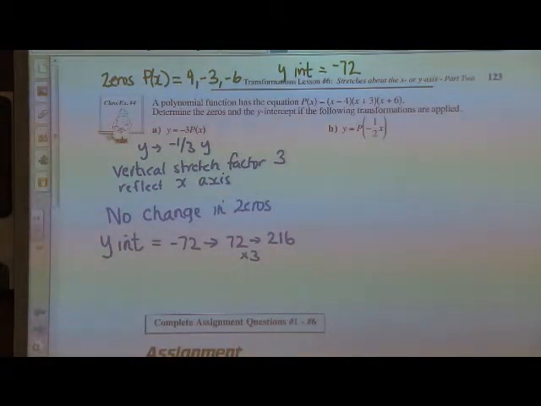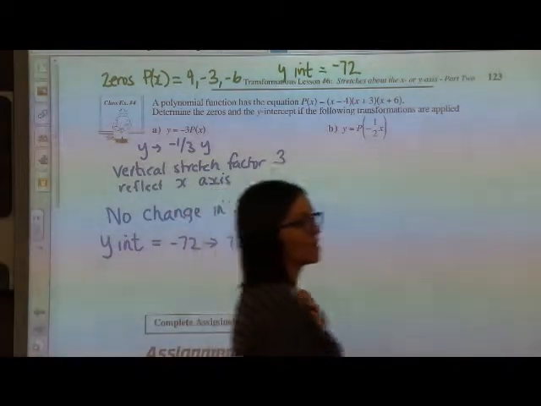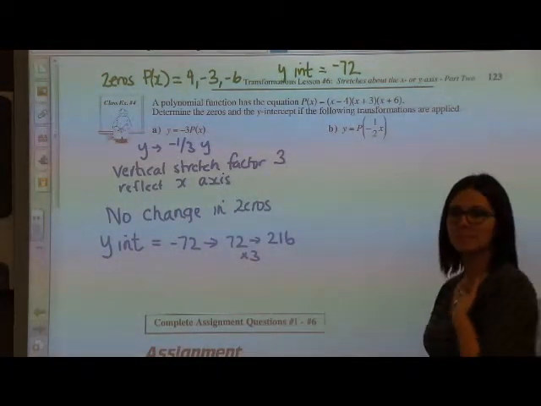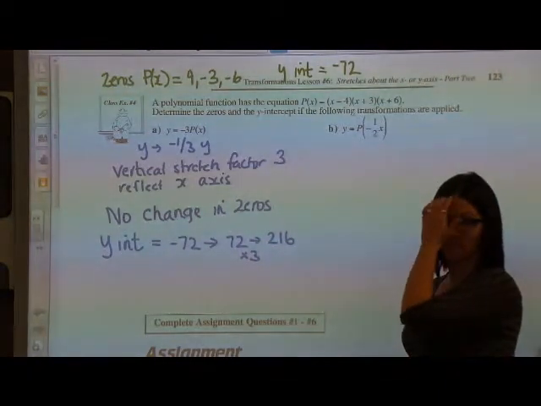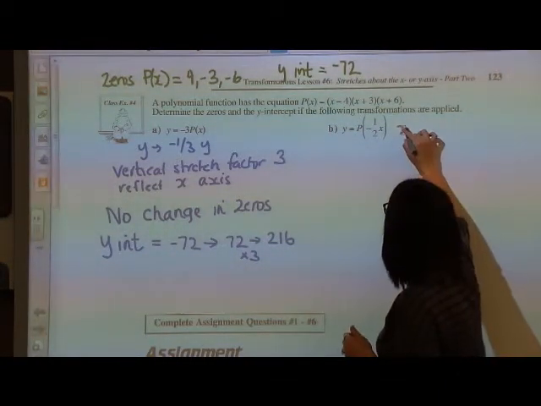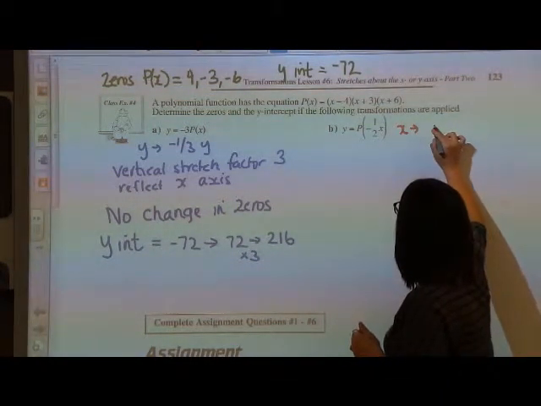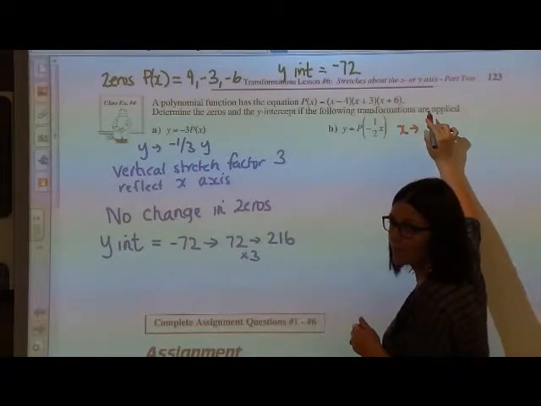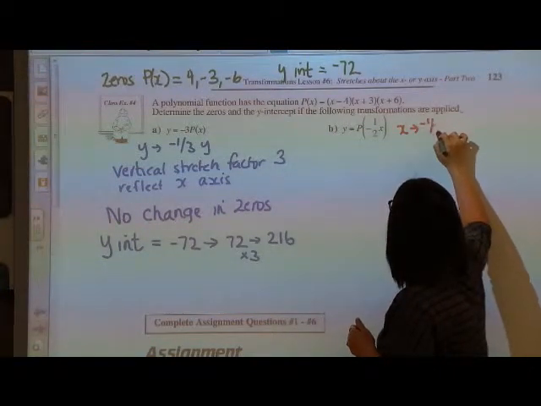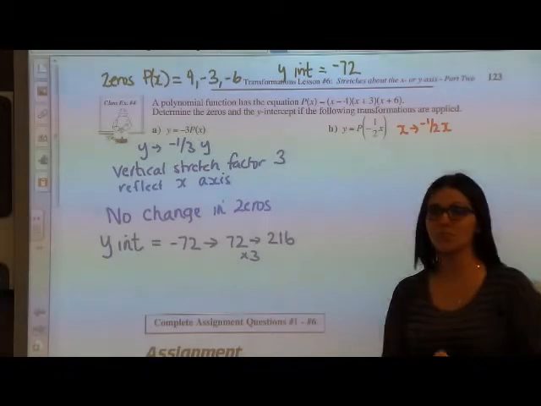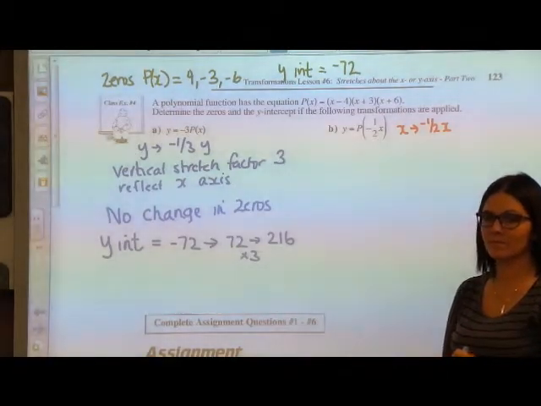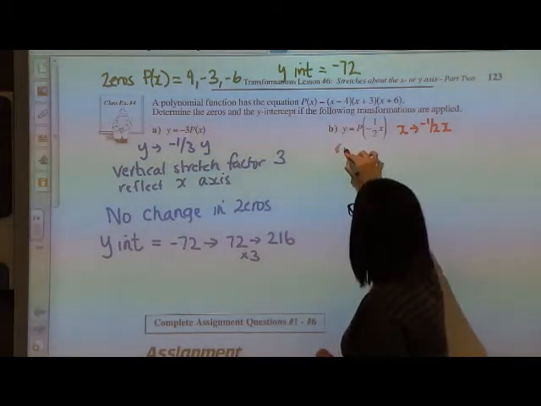I have y equals p of -1/2 x. What's my replacement? What did I replace x with? -1/2 x. And what does that tell me to do to the graph? Reflect it. In which axis?